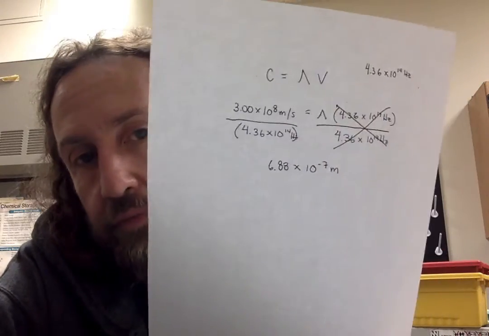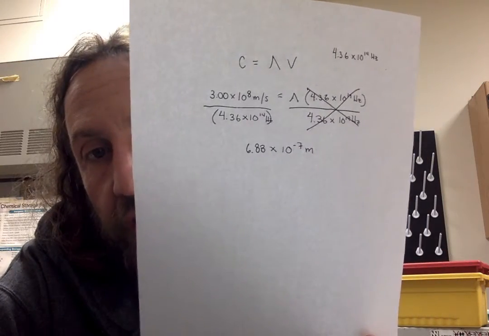And I get this, and your calculator may put it in scientific notation for you already, and if it does, that's fine. But 6.88, and I'm just going to count 1, 2, 3, 4, 5, 6, 7, and I knew that, but I wanted you to see how to do it. You just move that decimal point over. And that's going to be in meters.